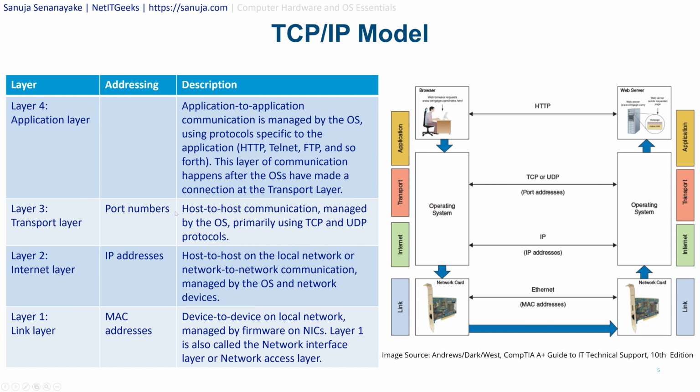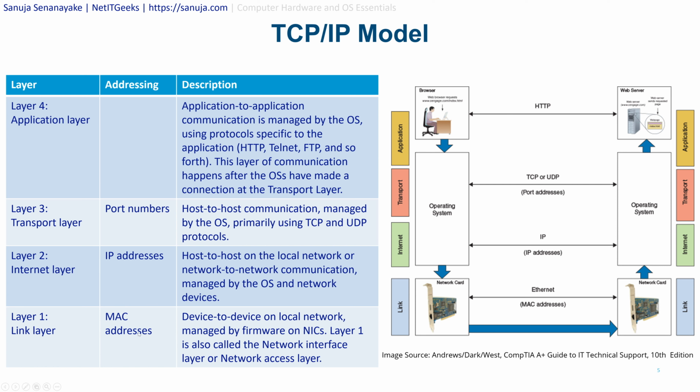Link layer addressing is the MAC address, because the MAC address is associated with the physical address of the device. So it is device to device on a local network, managed by firmware on the network interface card. Layer 1 is also called the network interface layer or network access layer, because this MAC address is attached to the network interface card.